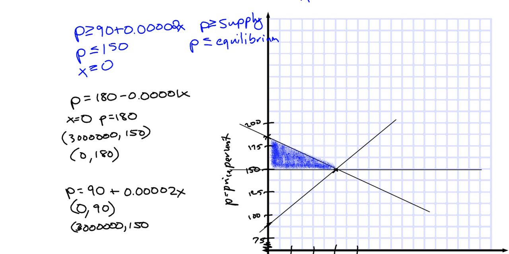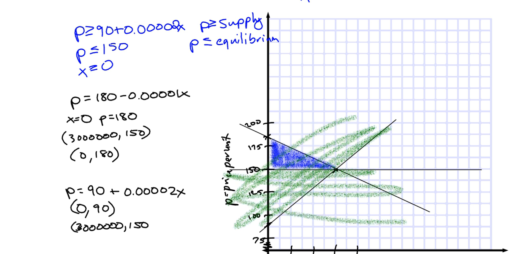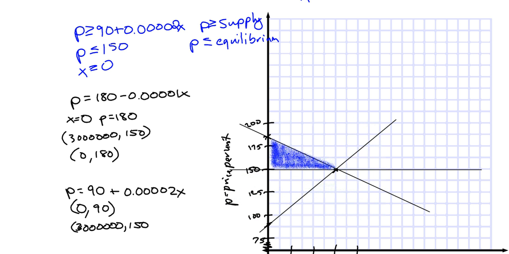If P is greater than or equal to 90 plus 0.00002x, that means it's going to be above this line. P is less than 150, that means it's going to be below that line. And greater than 0 means it's going to be this way. So we're going to get that little bottom wedge, which is what we would have expected anyway.